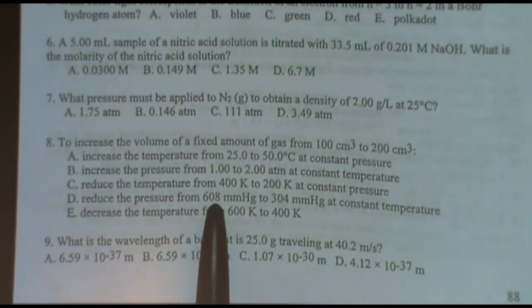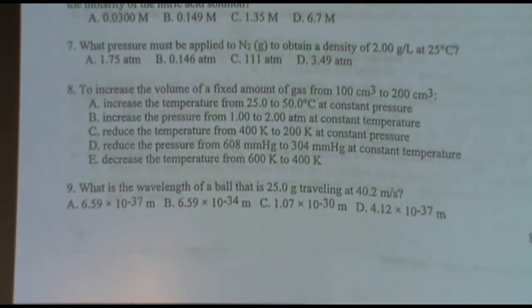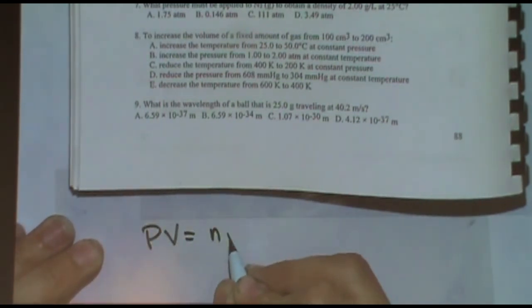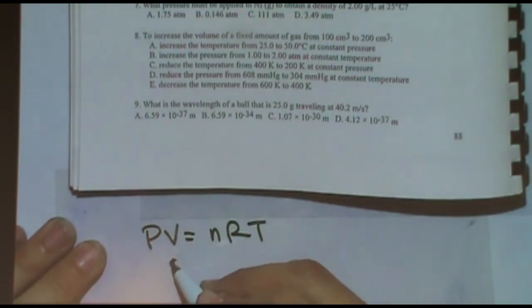Is that right? Let's write down the little formula here. Let's see if I zoom out. Hopefully you can read it and see this at the same time. Okay, PV equals nRT. The V is going up times 2.